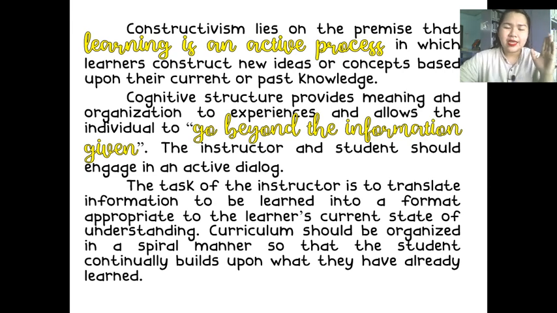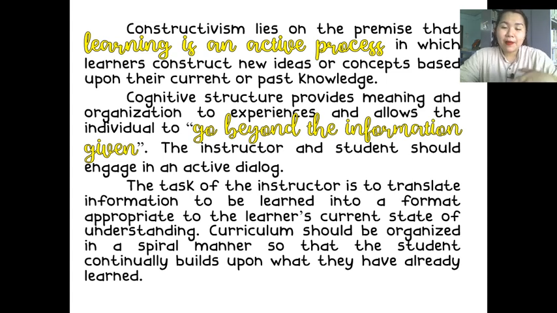Okay, so learning is an active process. Bakit natin nasabing ganon? It is because yung panibagong natututunan niyang knowledge, information, ideas, and concepts should be connected on the previously known information para mas maging meaningful ang kanyang learning. So, cognitive structure provides meaning and organization to experiences and allows the individual to go beyond the information given.